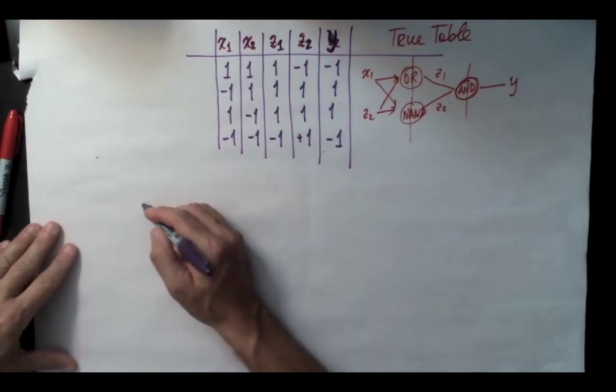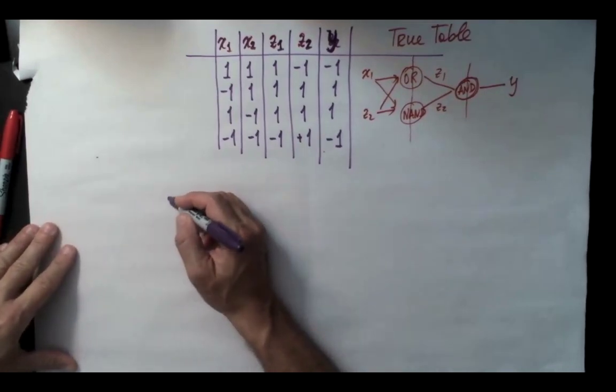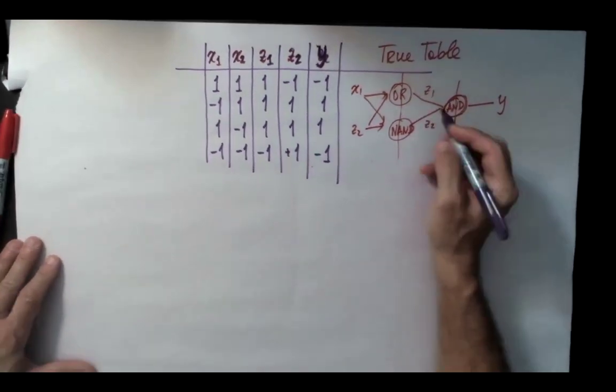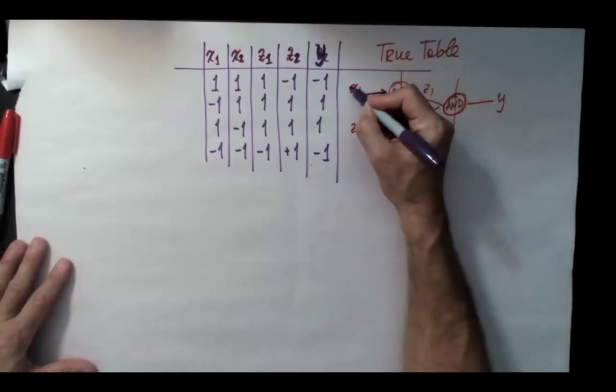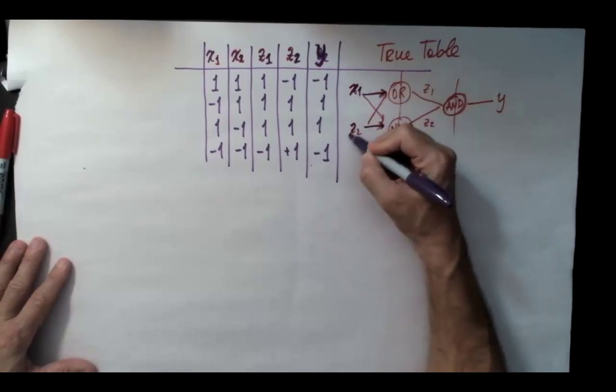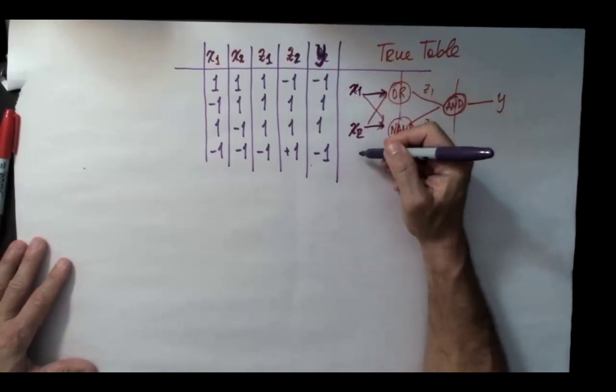And what I'm going to do now, geometrically also, let's plot. Here basically we have the input space, x1 and x2.